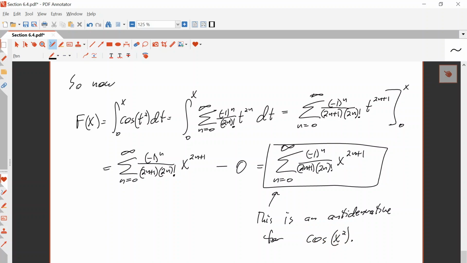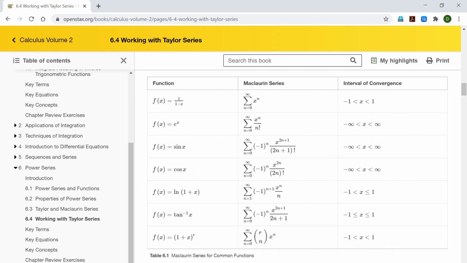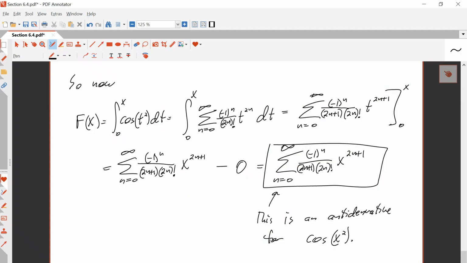So we can get an antiderivative in terms of a power series. We can't get it in terms of any of the elementary functions that we've been looking at. I mean, we studied all those integration techniques in chapter 3, trigonometric substitutions, partial fractions, and all that jazz. But none of that would apply here.